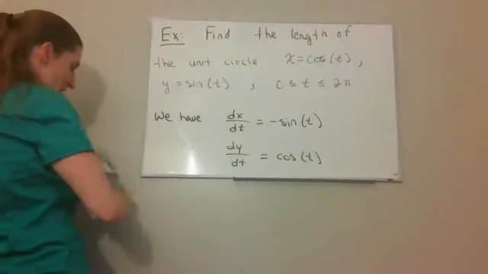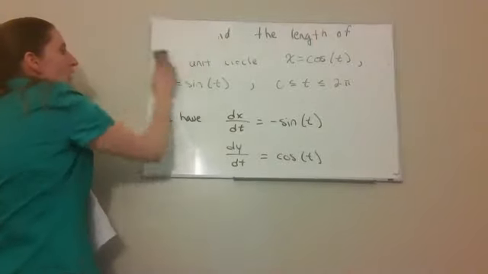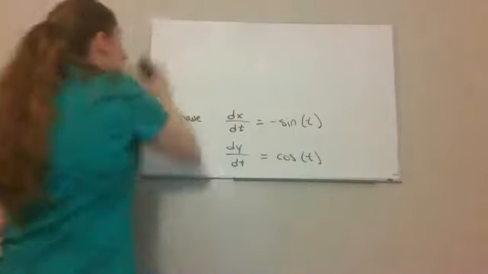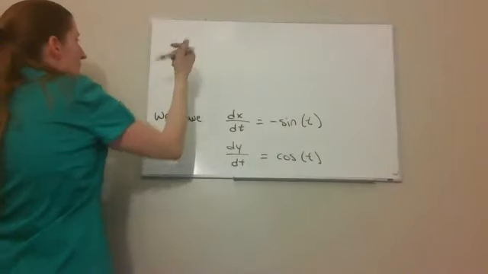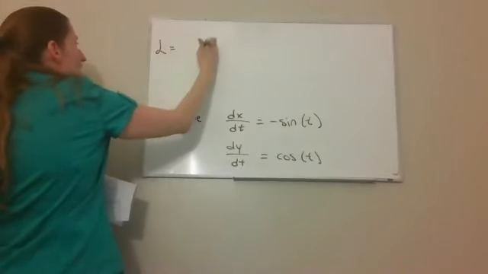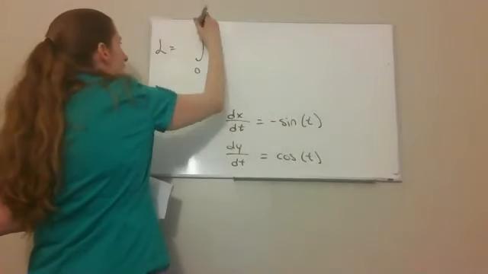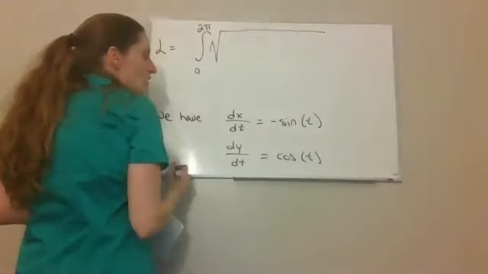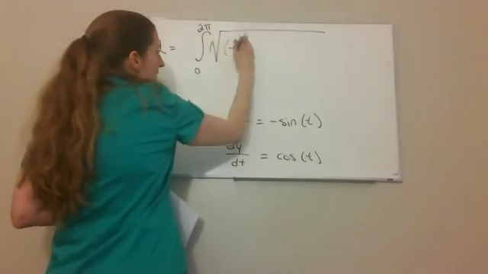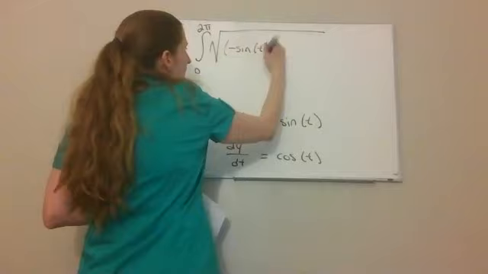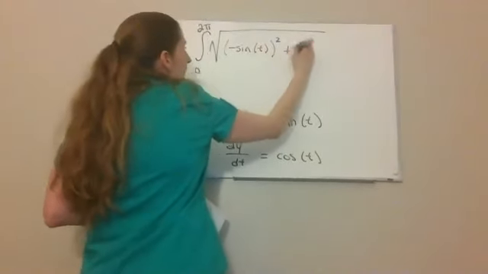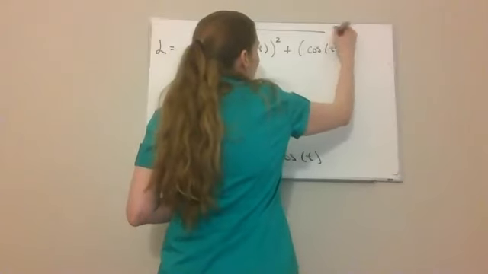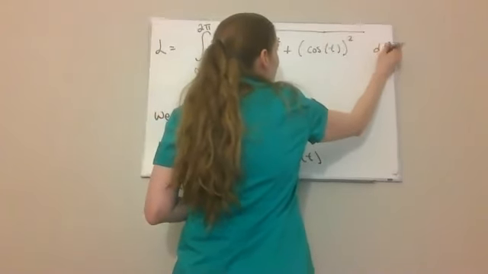So if I take my arc length formula, I'm going to get that the length of this unit circle is the integral from 0 to 2 pi of the square root of dx/dt squared plus dy/dt squared, with respect to t.